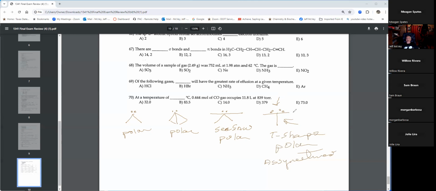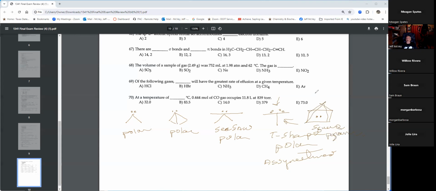That creates a dipole moment because the bonds can't cancel in these kinds of shapes. There's one more molecular geometry. This is based on an octahedral. There's a non-bonding pair of electrons down here. This is called square pyramidal.